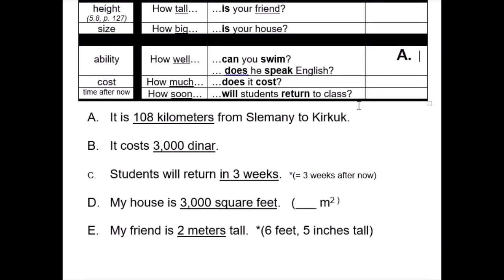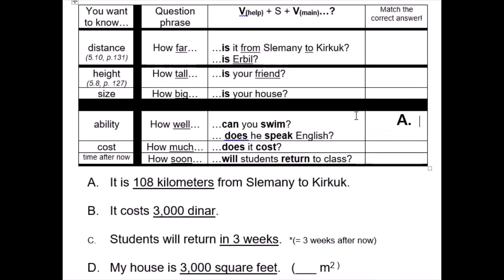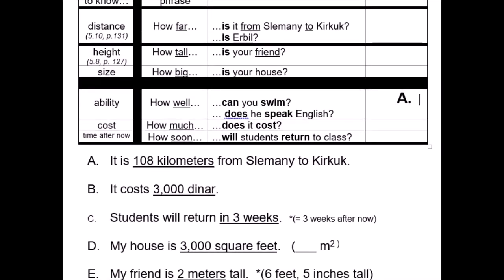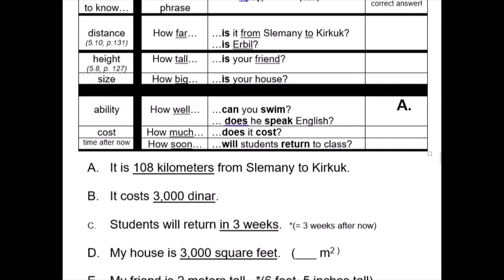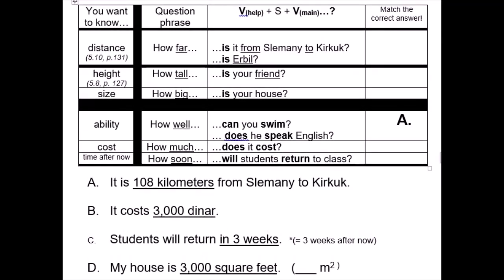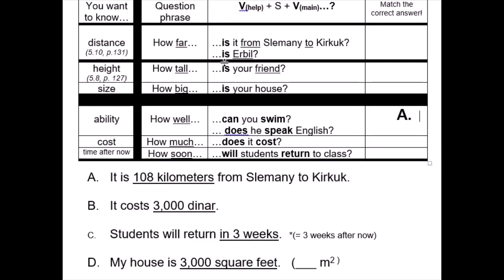So can you do the other ones in the table? Copy this table and write the letters in the table. I'll share the answers after you are finished pausing it, okay? All right, so now here are the answers. How far is it from Slemani to Kirkuk?